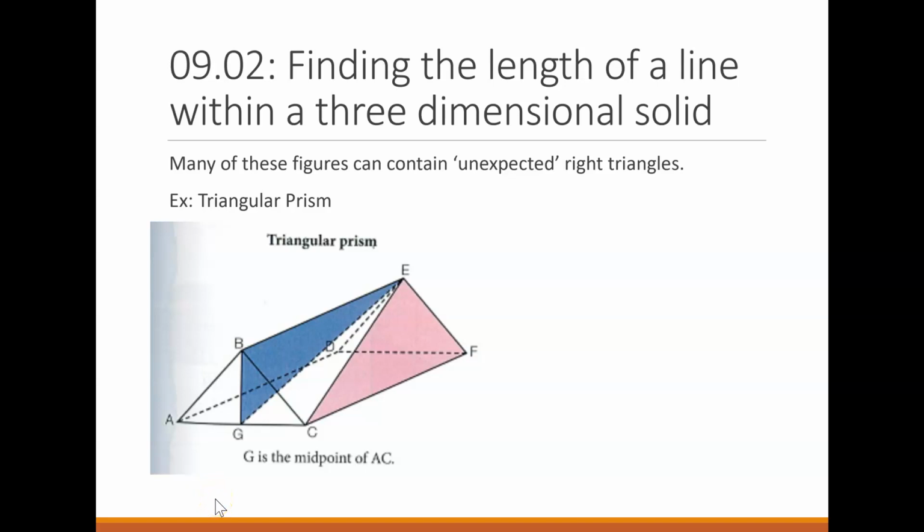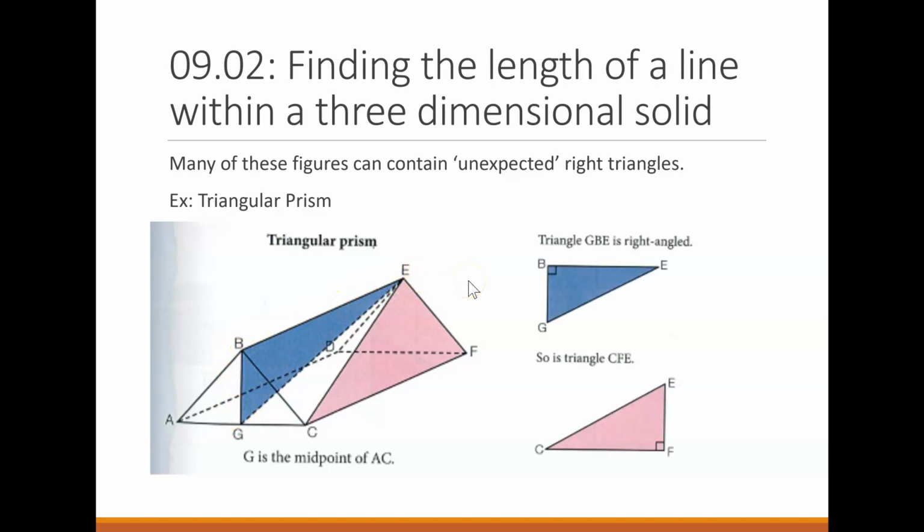Which one is the right angle? Not G. B is the right angle. Good, because I know that this edge has to be perpendicular to the base, because that edge is a height. So I know angle B here inside the blue triangle is a right angle.